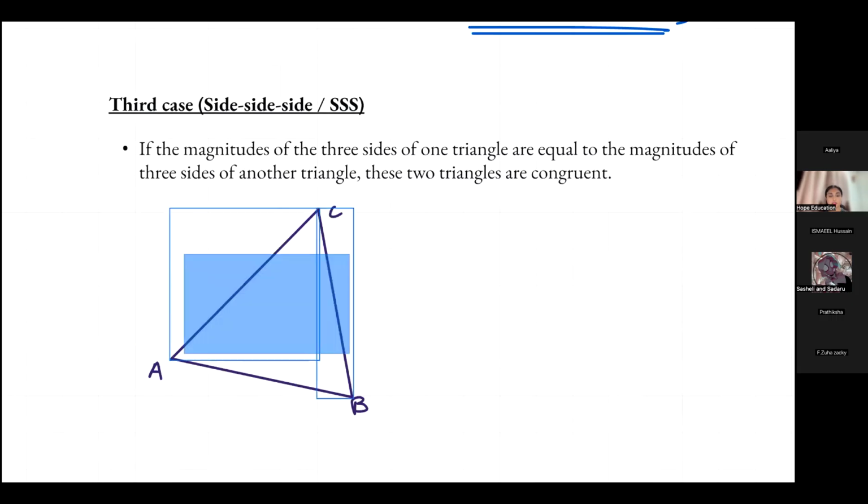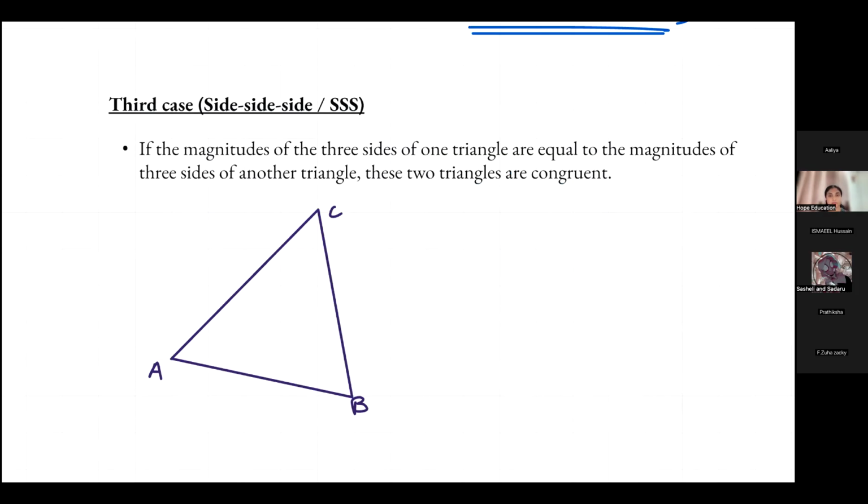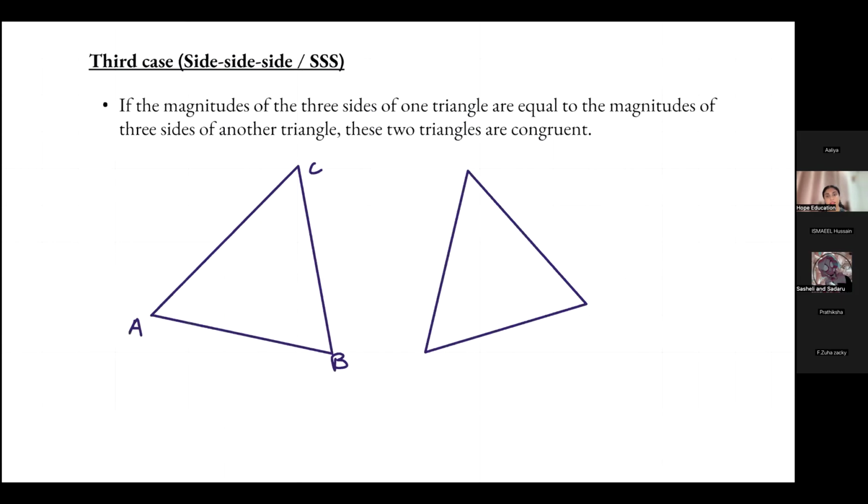And I have another triangle. Don't try to write it yet. First, listen carefully and then only I'll give you time to write. I have another triangle, LMN.